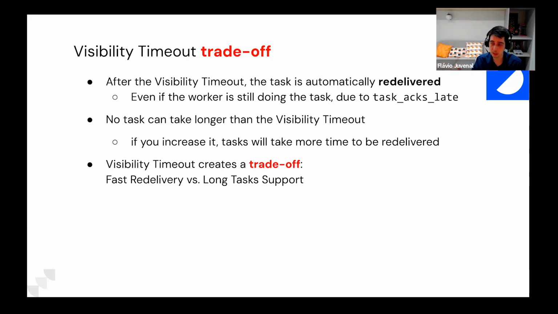The problem is your longest task will change over time, so you have to keep an eye on that. There is this trade-off of fast redelivery versus long task support that you have to care about and monitor. Otherwise, you have issues. So my recommendation is just use RabbitMQ. In general, it's more expensive to use than Redis and SQS because the cloud offerings are more expensive, but it's much more reliable.